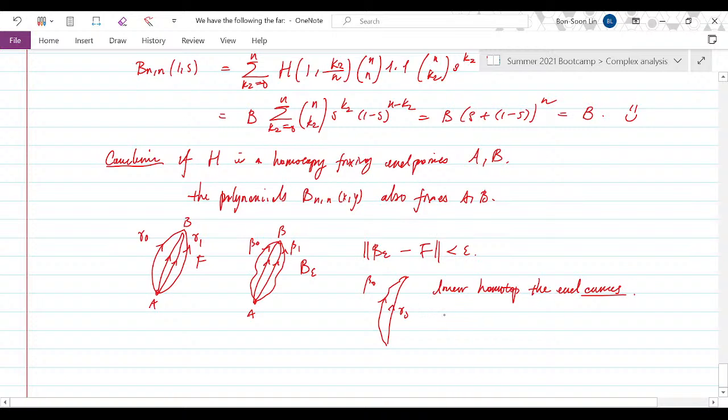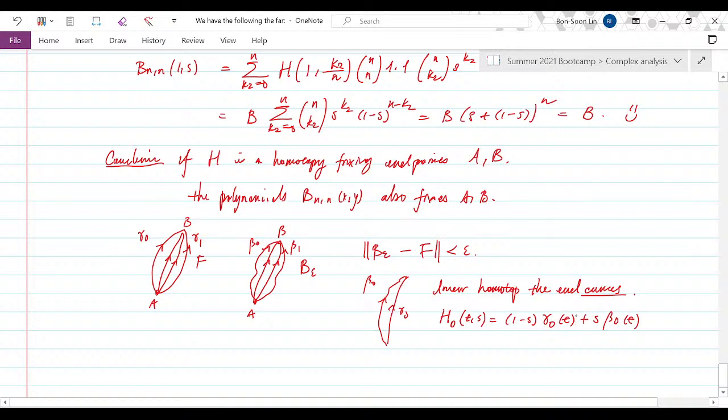So that is to say, we have an initial homotopy. Let's call this H0 of t, s, and simply take (1 minus s) gamma 0 of t plus s beta 0 of t. So this is piecewise continuously differentiable, right?